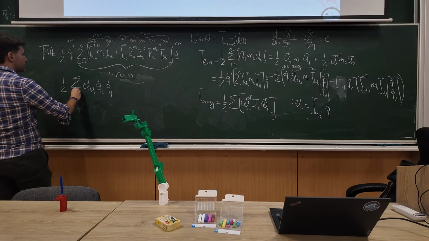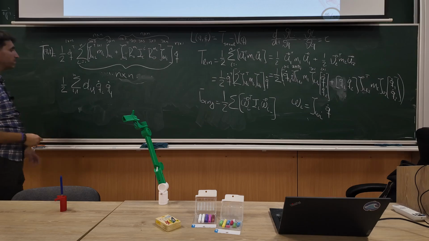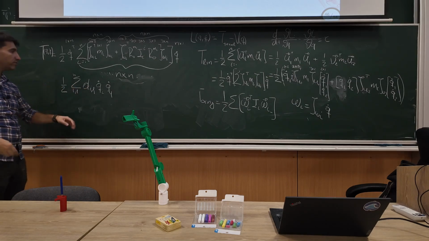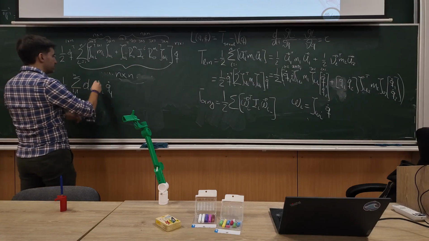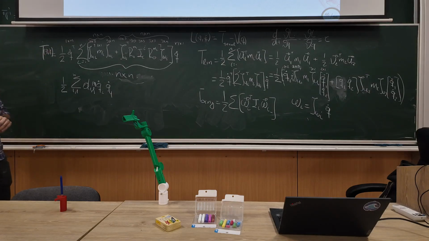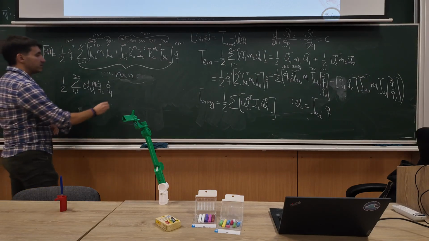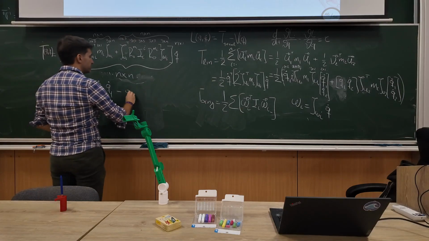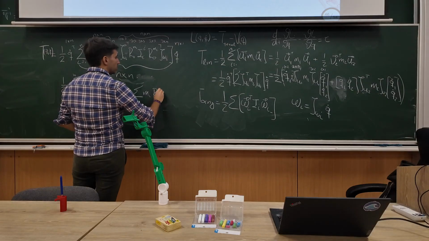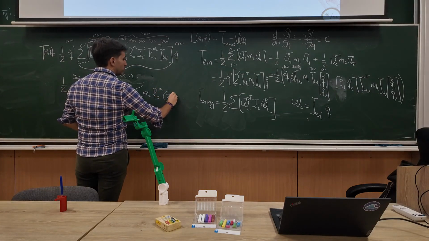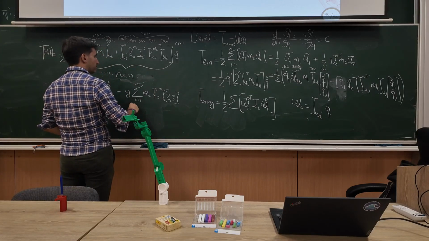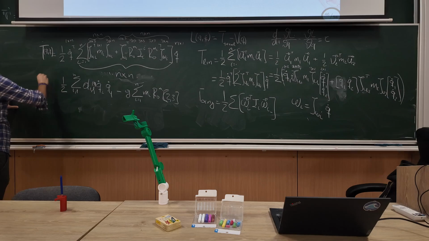This is a double sum from i, j to n, where D ij is the ith, jth element of this matrix D. Okay? And the right part we keep the same. So the whole Lagrangian is this sum of mass m i, g, and so on, i from 1 until n. This is the Lagrangian.